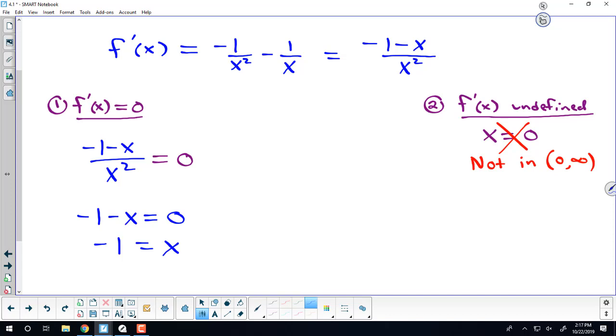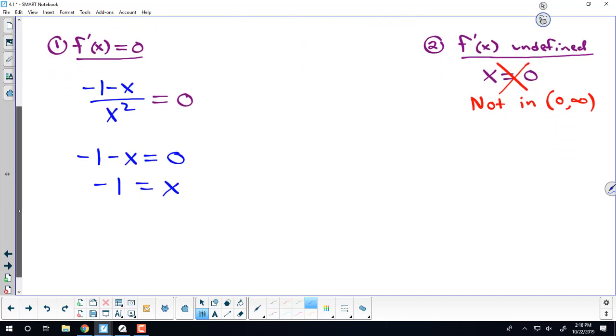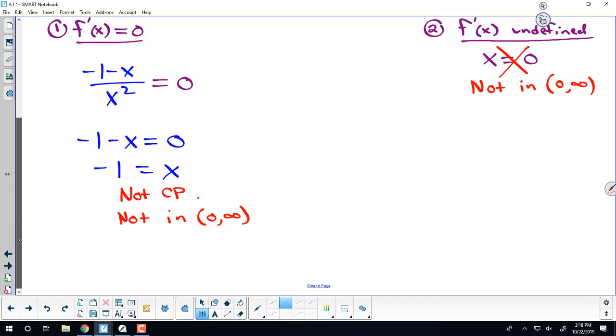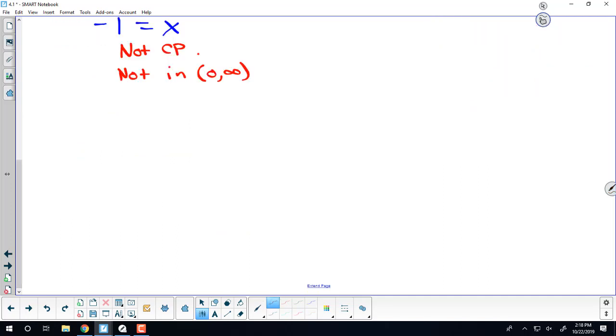No, it's a negative number. Again, outside of the domain of the function. It's not in the domain again. Okay, so that's it. We have no critical points.